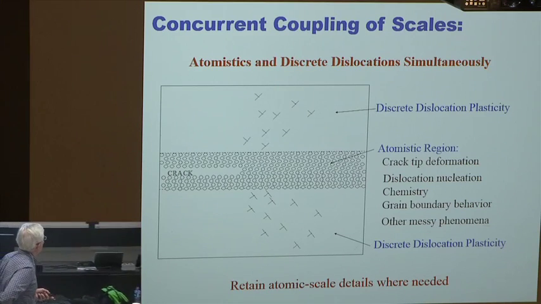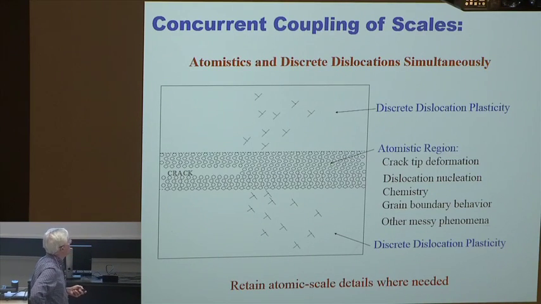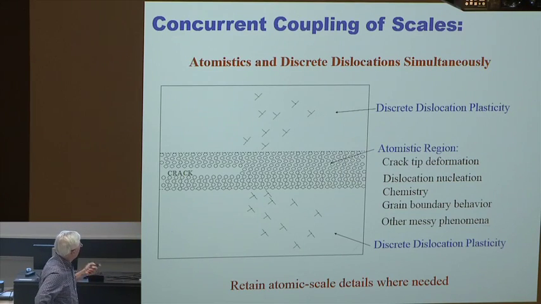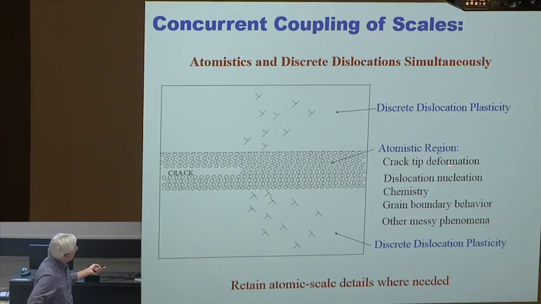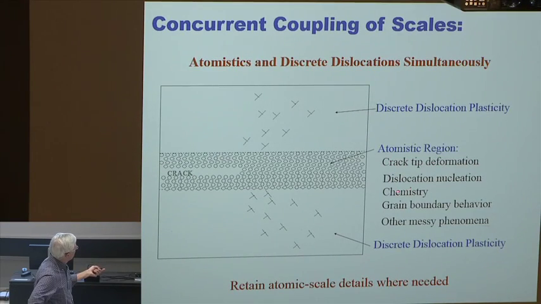So the general goal is to try to do two things at once, as I showed you in a cartoon before. It's to have a material where the crack tip region is fully atomistic, molecular dynamics, and in there we can have whatever happens at the crack tip, including dislocation nucleation, chemistry, maybe grain boundaries, other messy phenomena.